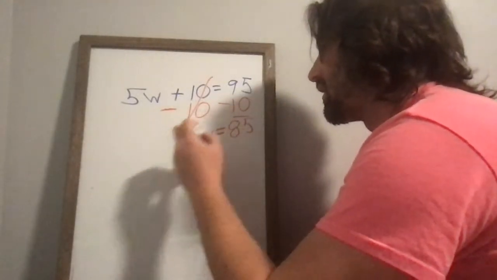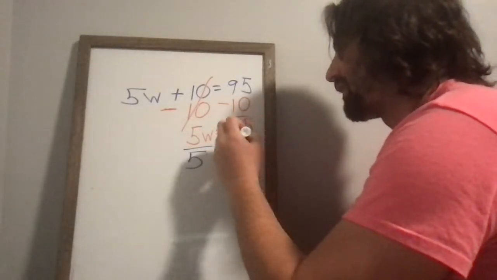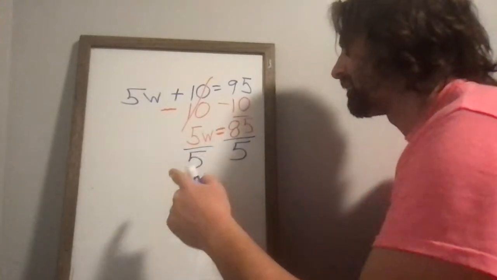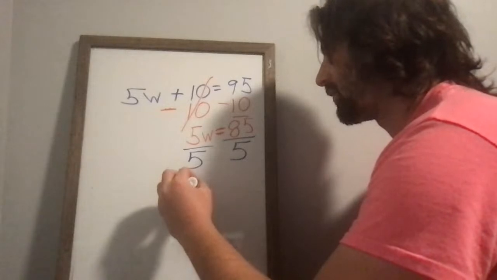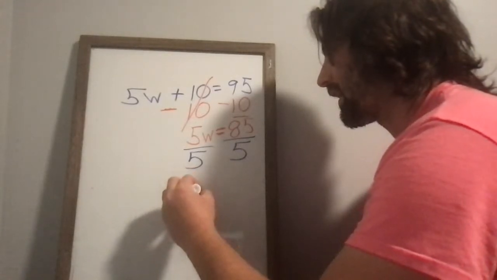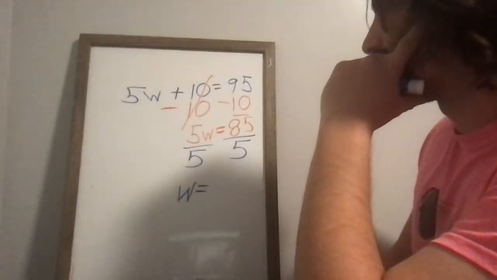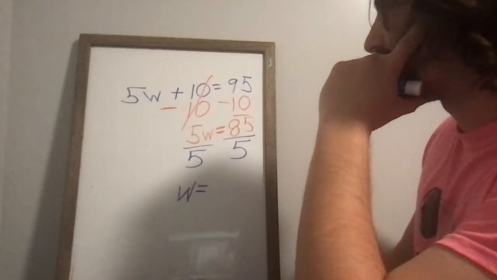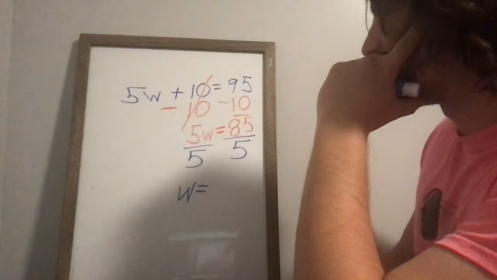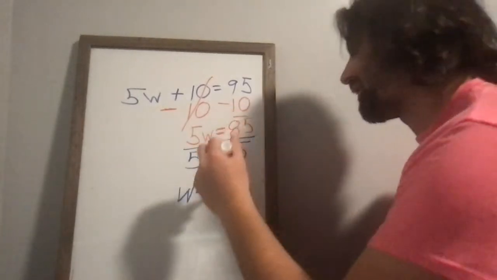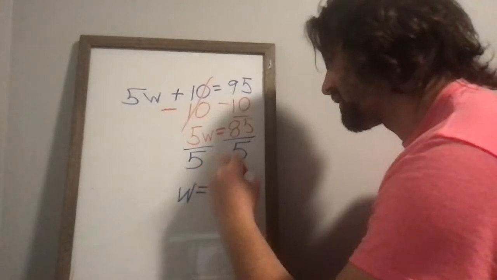What can I say? All right, 5w divided by 5, 85 divided by 5. So 5w divided by 5, we have w now. And now we got to do 85 divided by 5. 85 divided by 5 equals 17.